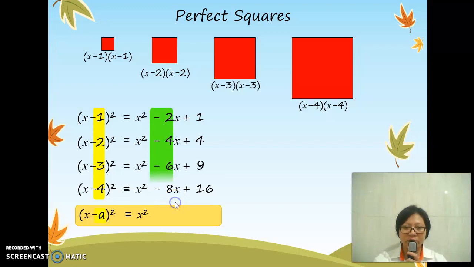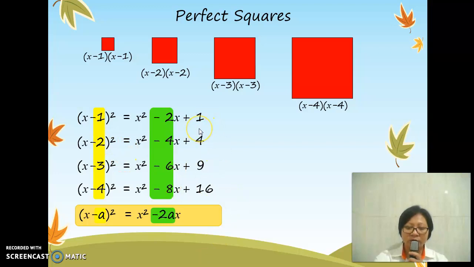As you can see, the coefficients of x are making a sequence, an arithmetic sequence. Using a as the position number, we can formulate the linear term as minus 2ax.